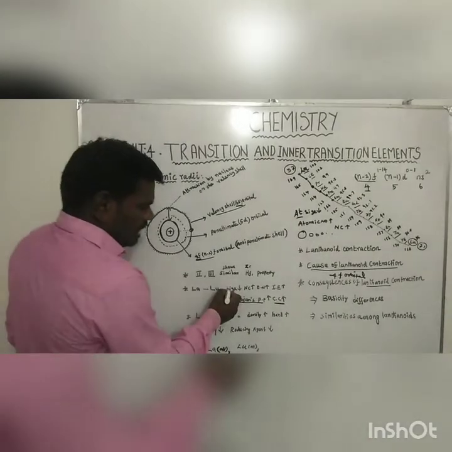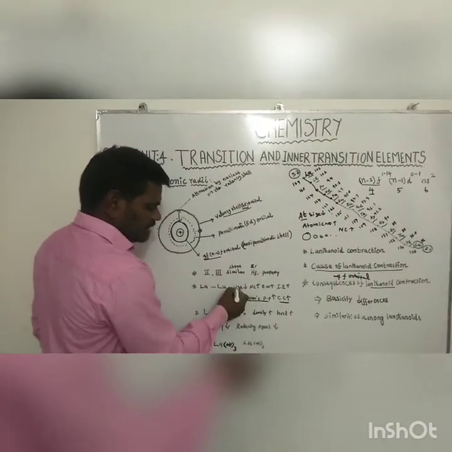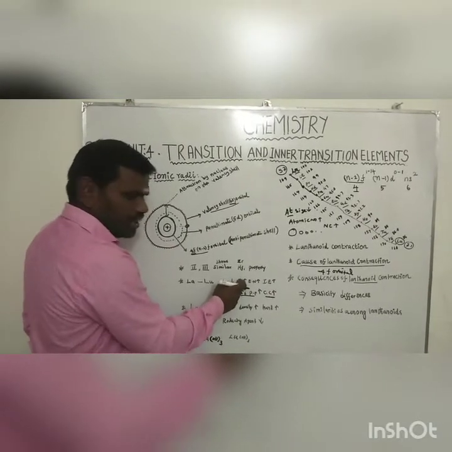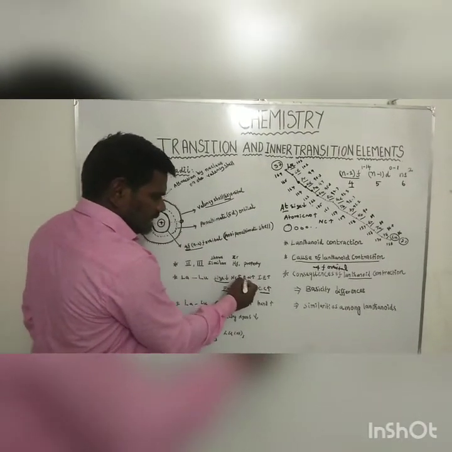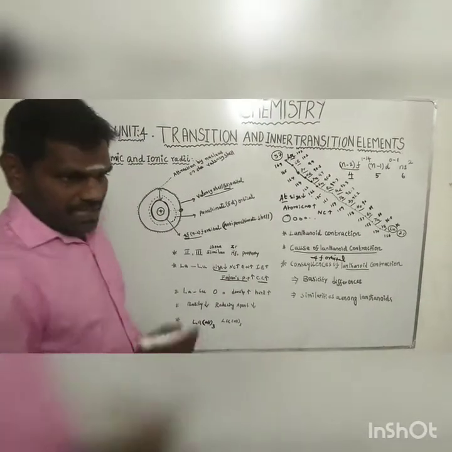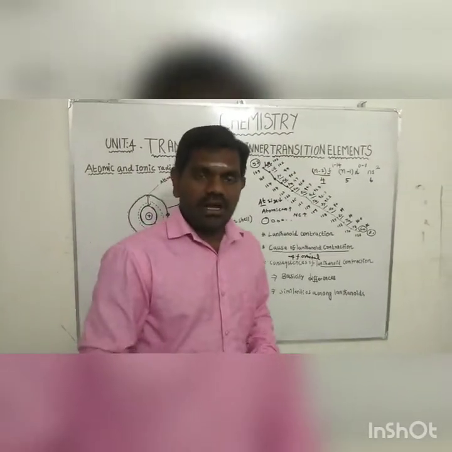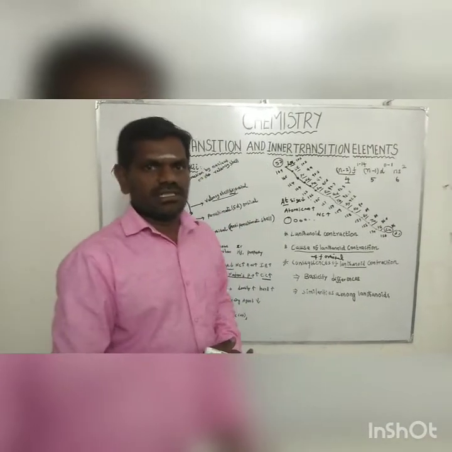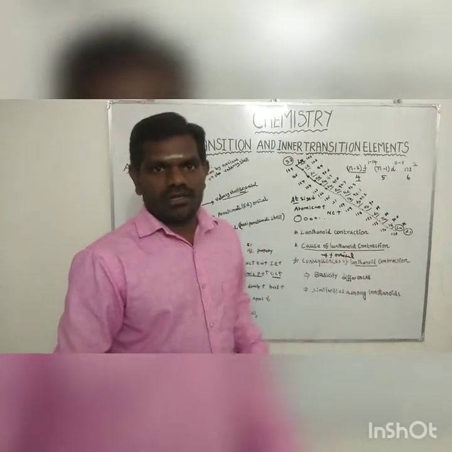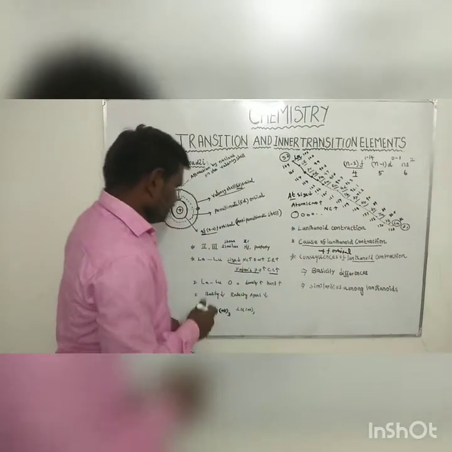Why? Because atomic number increases, which means atomic size decreases. At the same time nuclear charge increases and electronegativity also increases. Whenever electronegativity increases, ionization energy also increases. Ionization energy is the removal of an electron from the outermost shell.